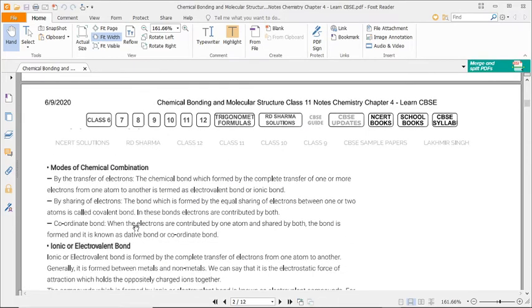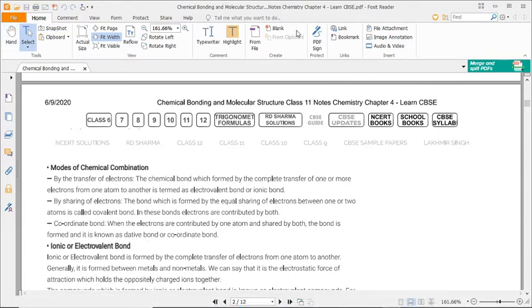Modes of chemical combination. Chemical combination or chemical bond formation can happen by transfer of electrons, or by sharing of electrons. When there is transfer of electrons, you get the ionic bond or electrovalent bond. When there is mutual sharing of electrons, you have the covalent bond. And what about the coordinate bond?